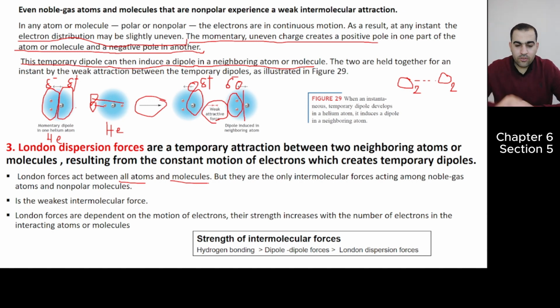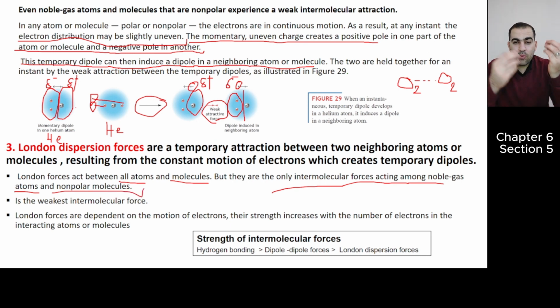But the only intermolecular force among noble gases, atoms, and non-polar molecules is London dispersion force. But in polars, and for example between metal atoms, we have metallic bonding. We also have a London dispersion force, but it's very weak, and we ignore it.